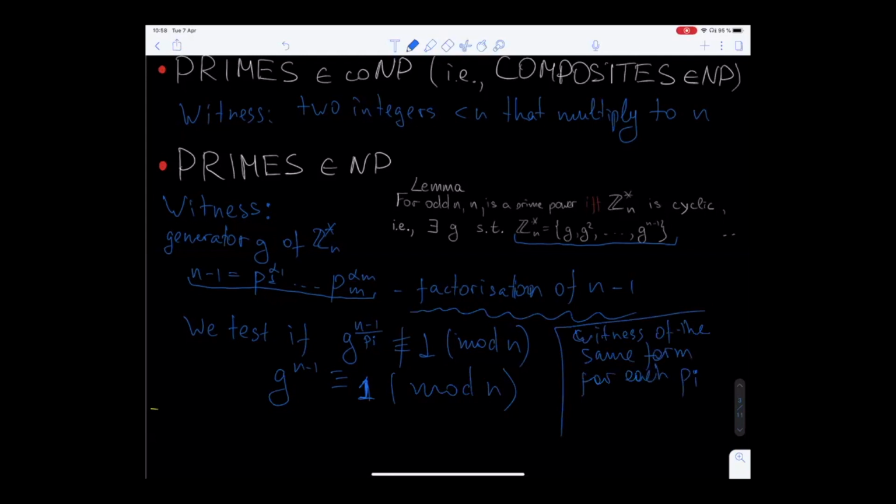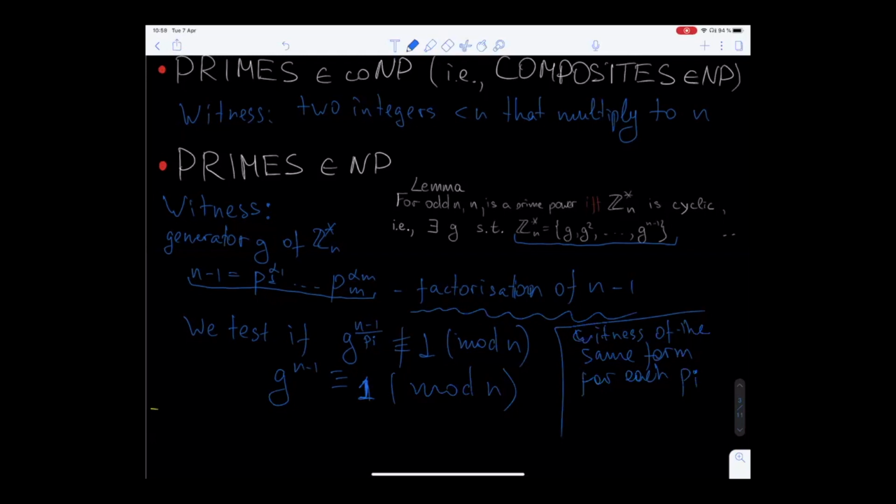But it doesn't blow up because, since the numbers p1, etc., pm multiply to n minus 1, if n has k bits, then the total number of bits needed to represent p1, etc., pm would also be roughly k. And in k steps it will converge to very small prime numbers.